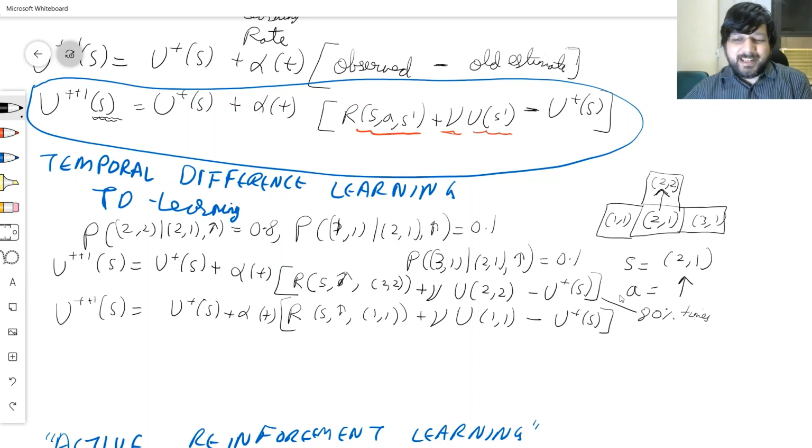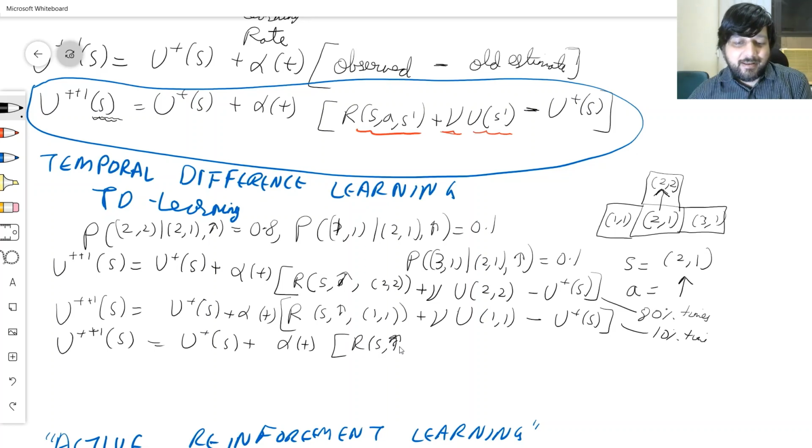I'm not writing S equal to 2,1 because it's obvious, and similarly for the other. So this one will happen 10% of the times, and alpha_t times R(S, A, S dash = 3,1) plus gamma times utility of 3,1 minus U_t(S). This will happen 10% of the times.